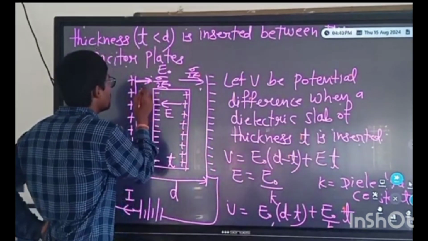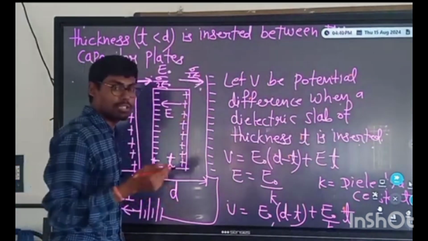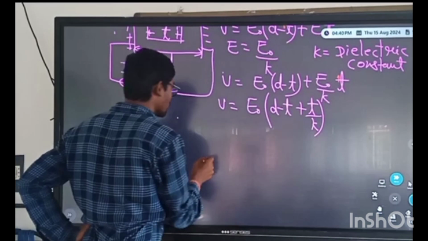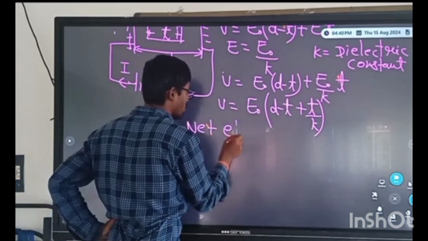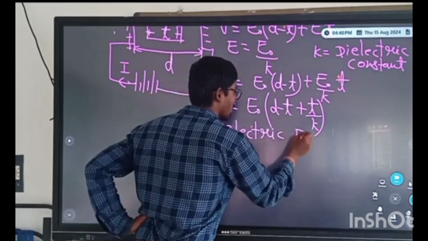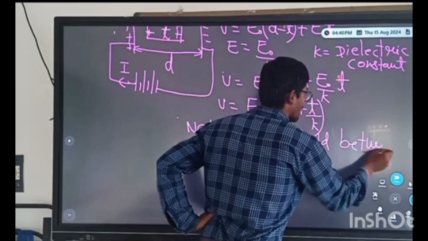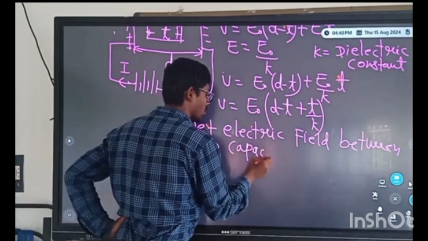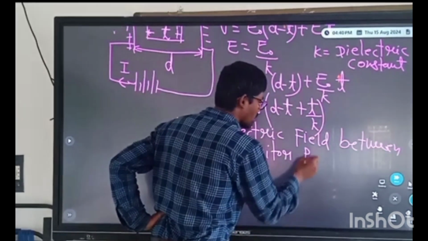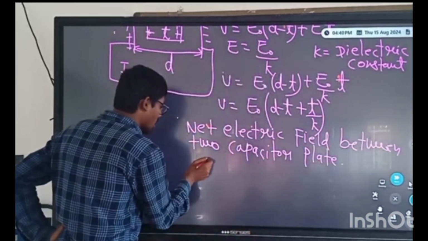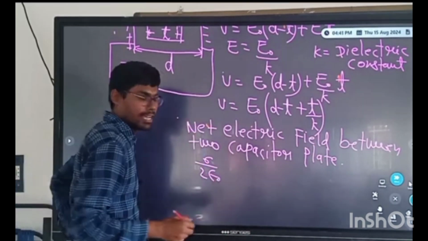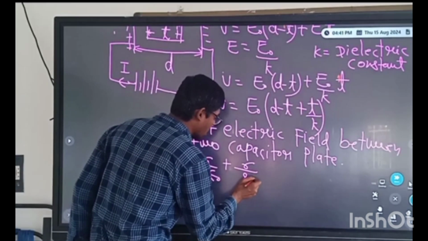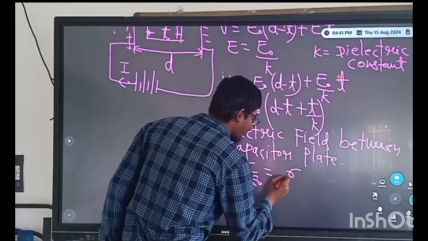Away from the positively charged plate and toward the negative plate, both are in the same direction, so they will add. So the net electric field between the two capacitor plates is sigma by 2 epsilon naught due to the positively charged plate, plus sigma by 2 epsilon naught due to the negatively charged plate. Both are in the same direction, so they add, and it becomes sigma by epsilon naught.